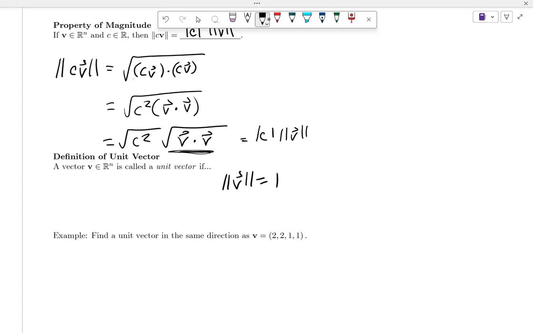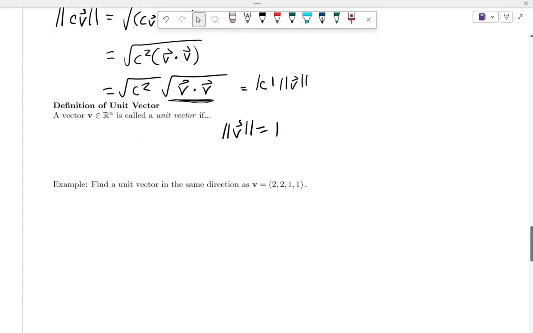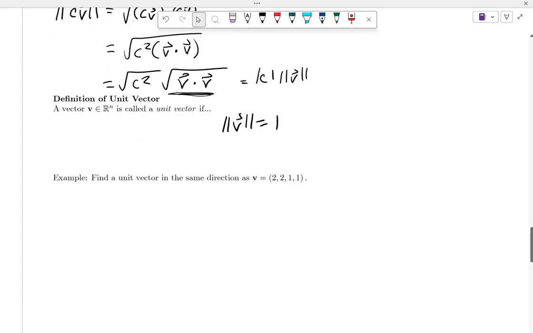This example wants us to find a unit vector that's in the same direction as (2, 2, 1, 1). But what is the magnitude of that vector? Start there. How long is that vector?